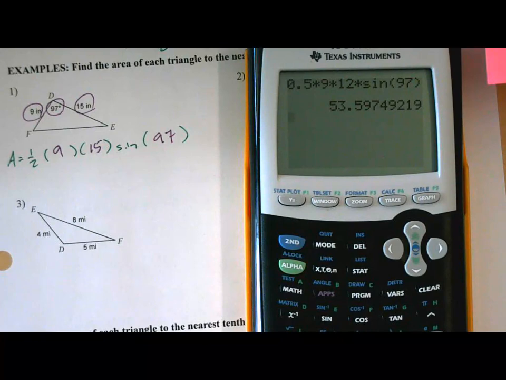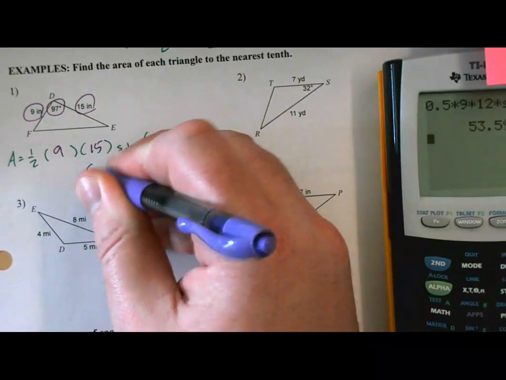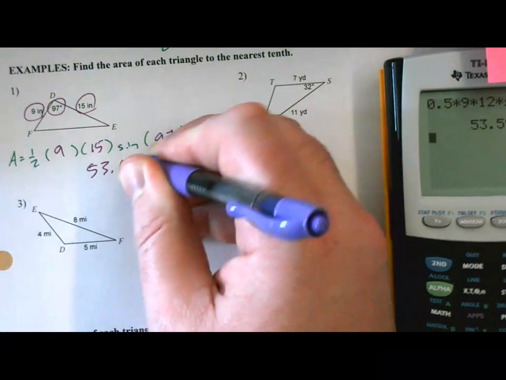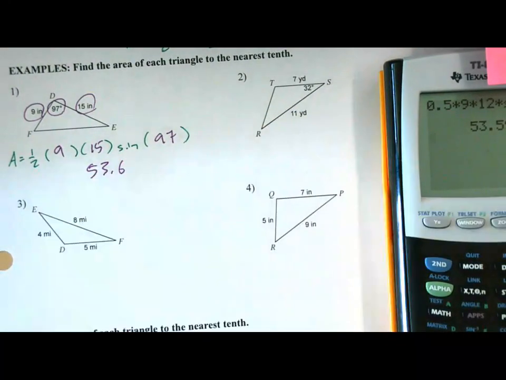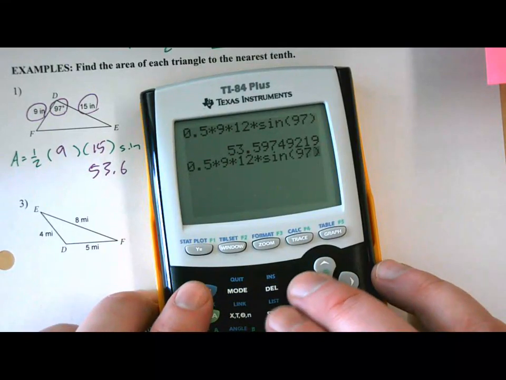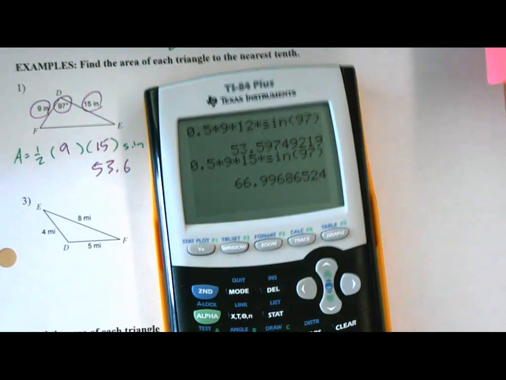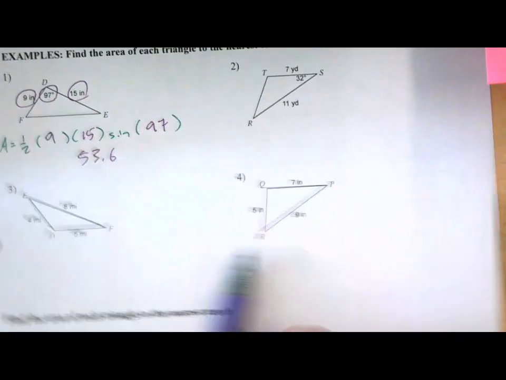I'm coming up with 53.6. If we round to 1 decimal place, that's getting us to 53.6. Not bad. Let's try that again. How about 67? Thank you for catching that.